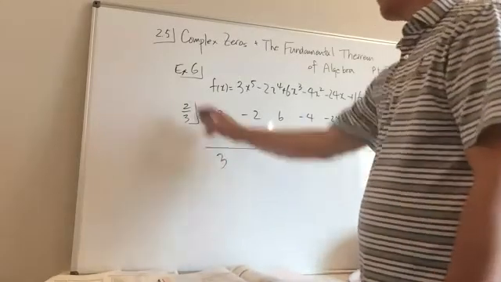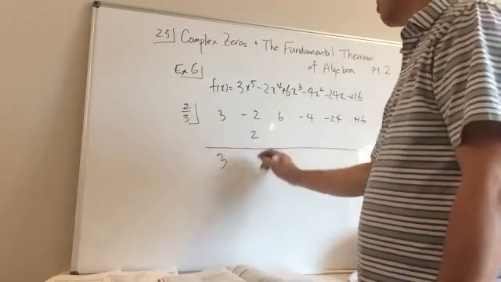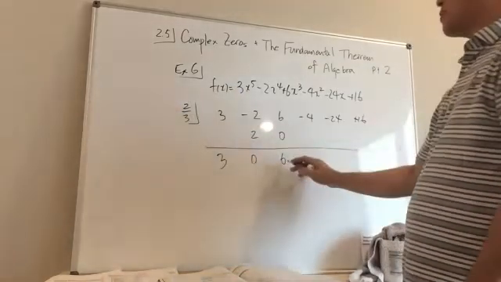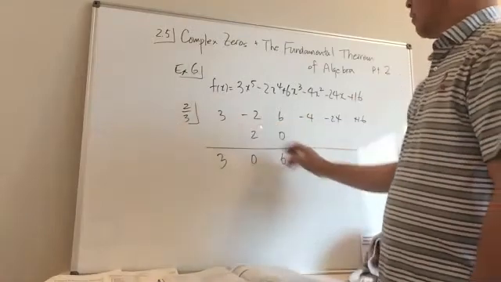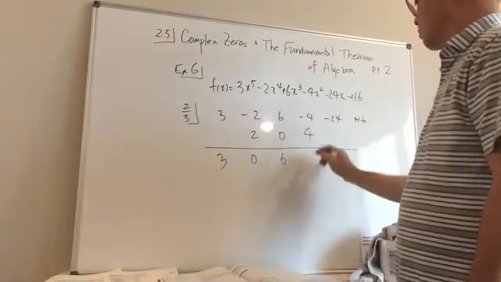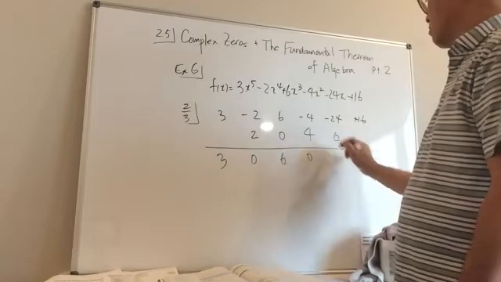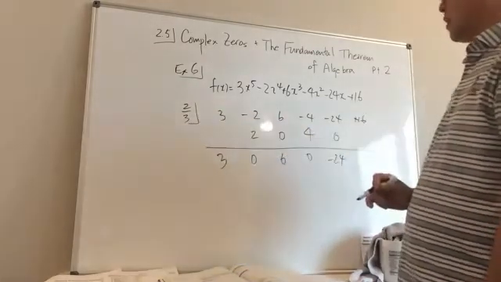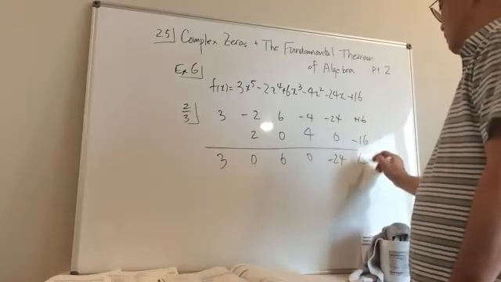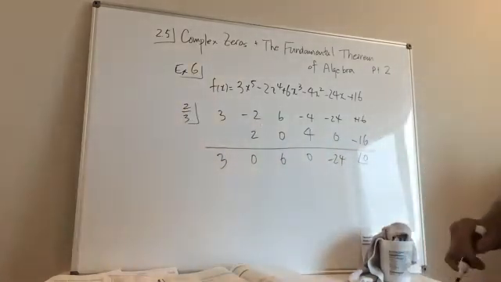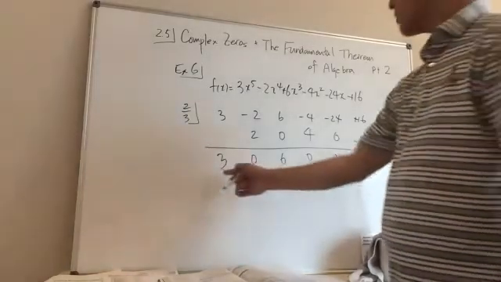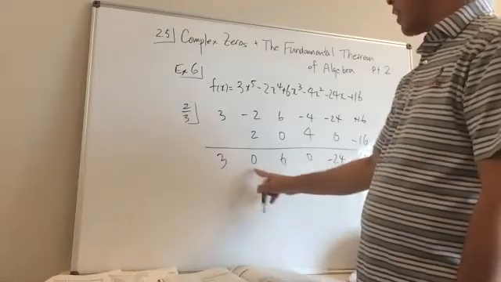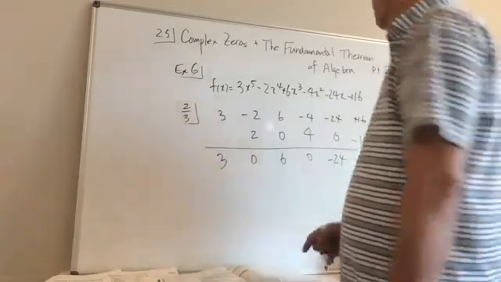Three comes down. This times 2/3 is 2, 0, 0, 6. 6 times this is going to be 4, 0, 0, negative 24. Negative 24 times this is going to be negative 16. And indeed, it is a 0. So what do we have left? We have this left, which is the constant, x, x squared, x cubed, and x to the 4th term.